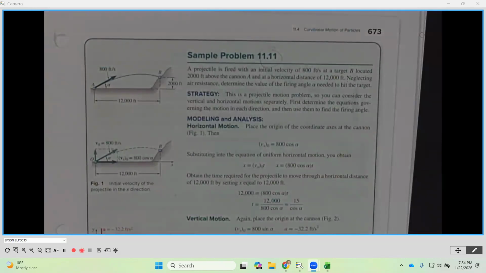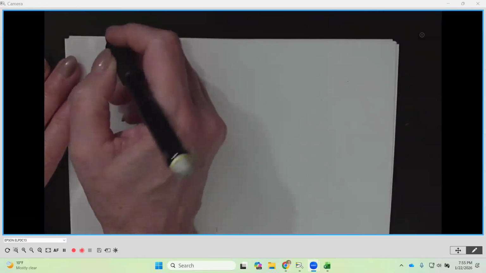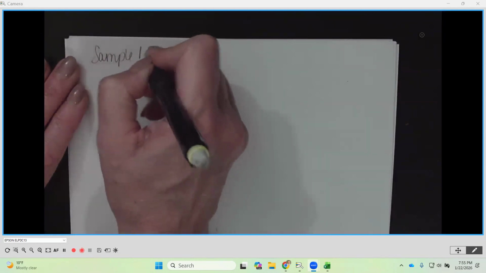So we're going to be using that section of our equation sheet that deals with the projectile motion. As we look here, we're going to organize the information that we're given, and look at what we have to find. So, sample 11.11.